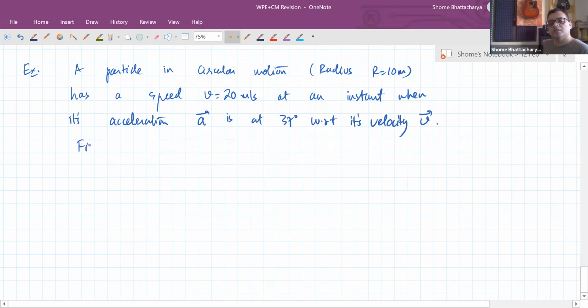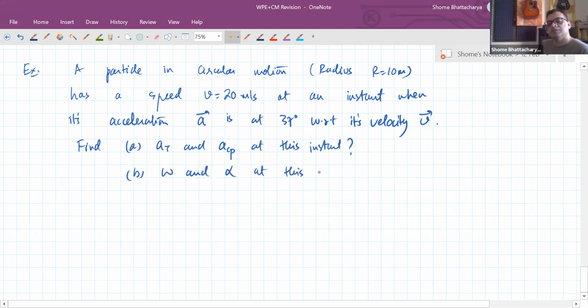So you want to find the tangential and centripetal acceleration at this instant, and the angular velocity and angular acceleration at this same instant. So just give this question a try and we'll discuss about this also.